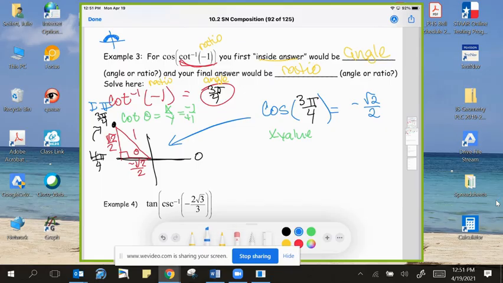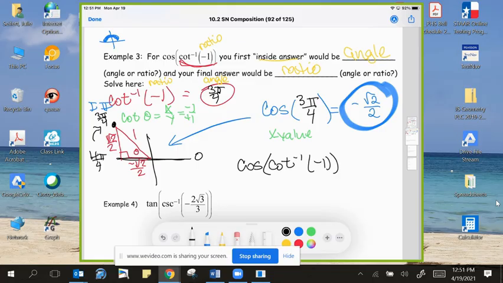So cosine 3 pi over 4 is the negative square root 2 over 2. What that tells us is that cosine of cotangent inverse of negative 1 is negative square root 2 over 2.